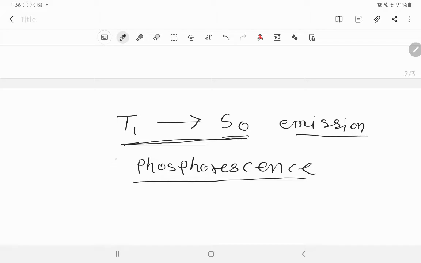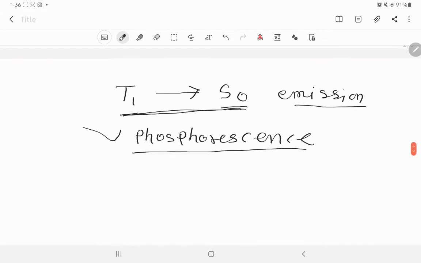phosphorescence. And this phosphorescence doesn't stop, it continues even after the source of excitation is stopped. Phosphorescence continues, which means we can identify whether it is a phosphorescence emission or a fluorescence emission.